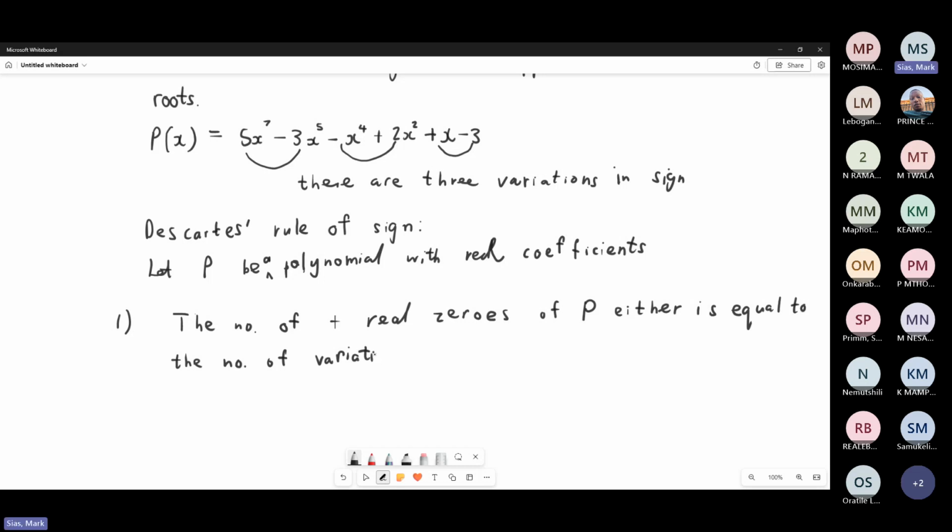Just explain this one, guys. Variations in sign.